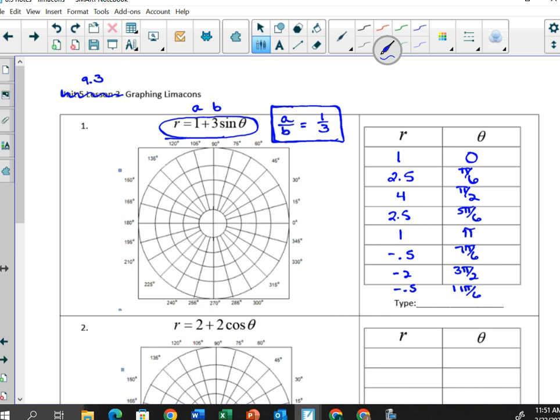So 1, 0. There's my first stop. 2.5, pi over 6. So on that 30-degree line, I'm going to count out 1, 2.5. Then 2 at pi over 2. So that's up where 90 is. Then the 2.5, 5 pi over 6. That's 150 degrees.